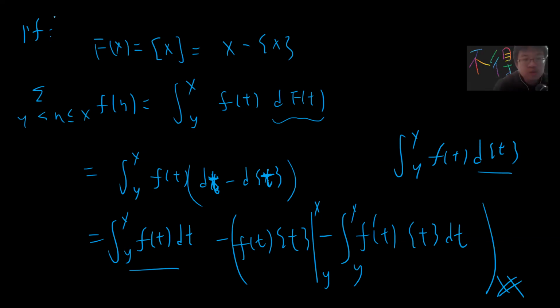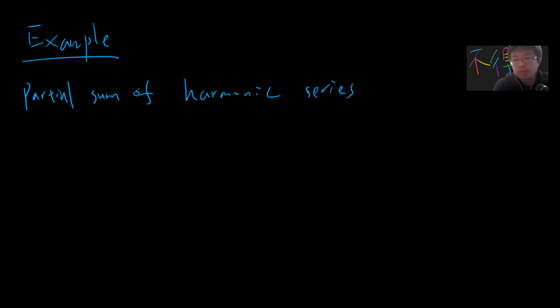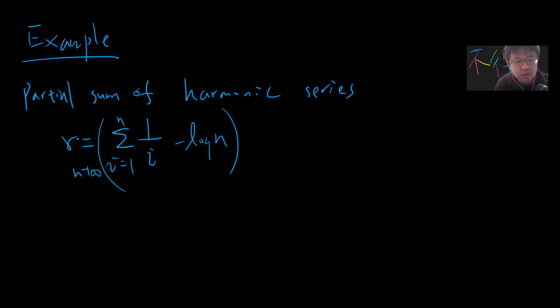Okay, example. Now we have this power tool, so we can do something non-trivial. The first example is the partial sum of the harmonic series. I think I already proved in my old videos that there is the Euler-Mascheroni constant: if you sum over i from 1 to n of 1 over i, minus log n, and take n to infinity, you can prove it converges.